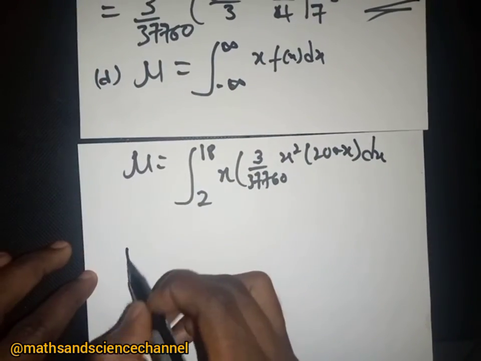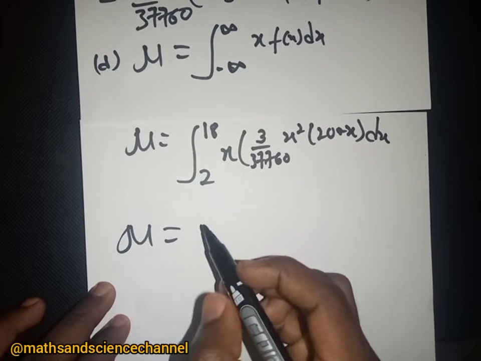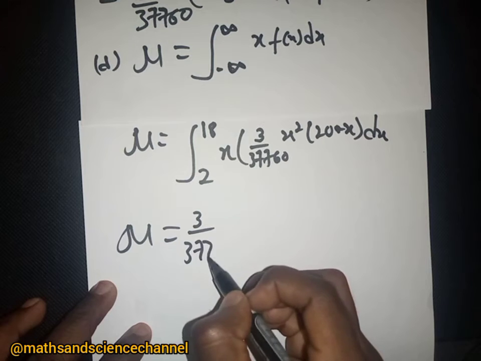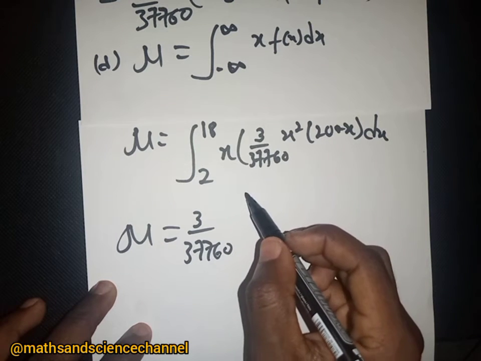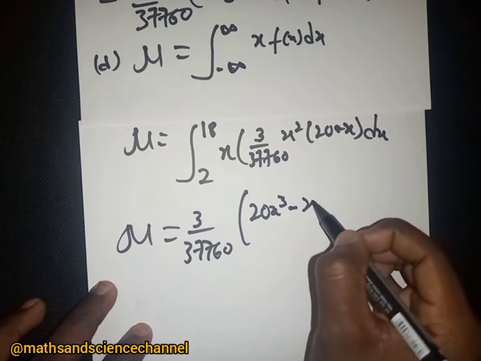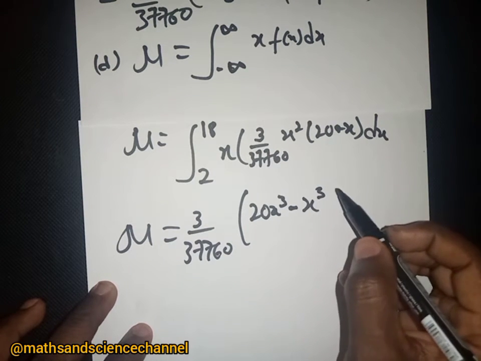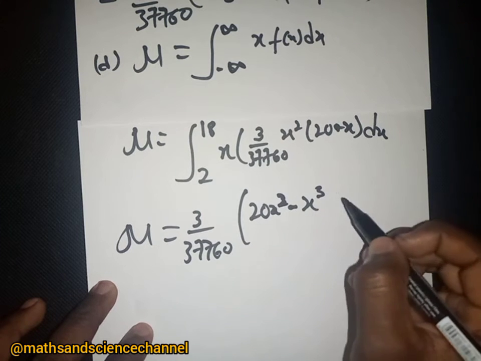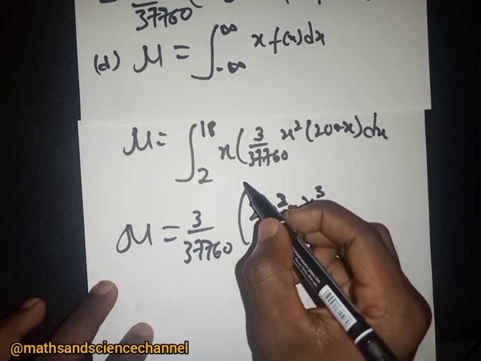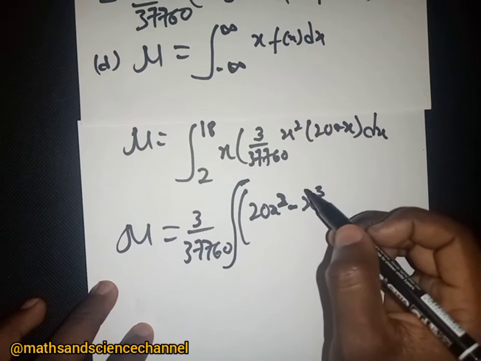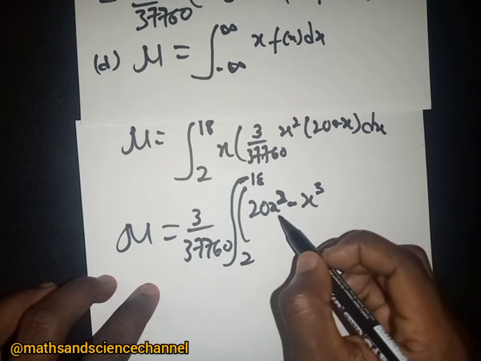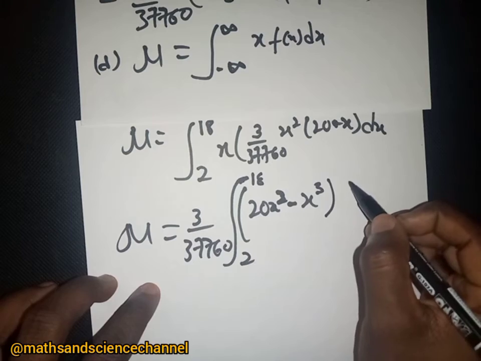So from here we have mu being equal to 3 over 37,760 outside, then we have 20x squared minus x. So let's bring the integral because we just expanded, 18 to 2. Then we also have the x.